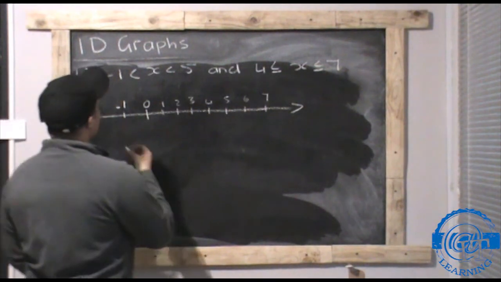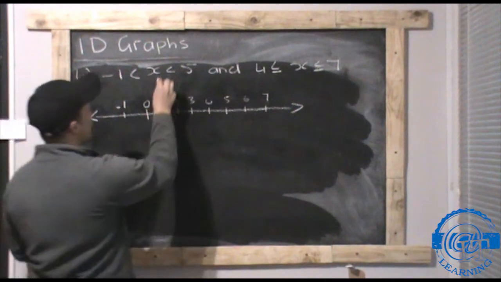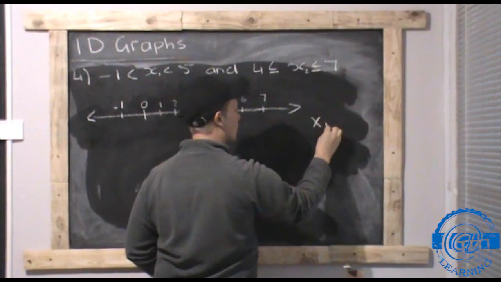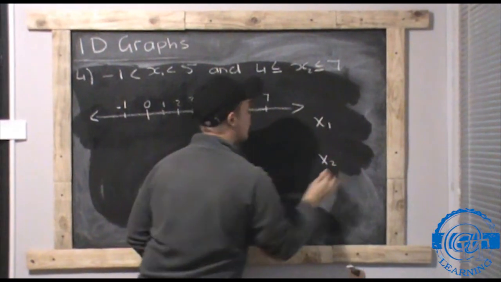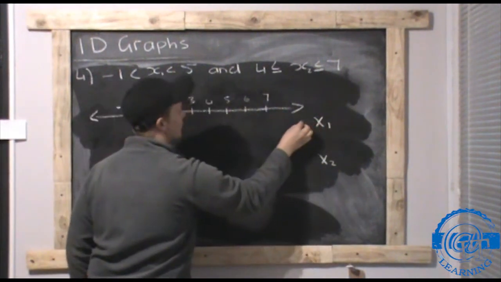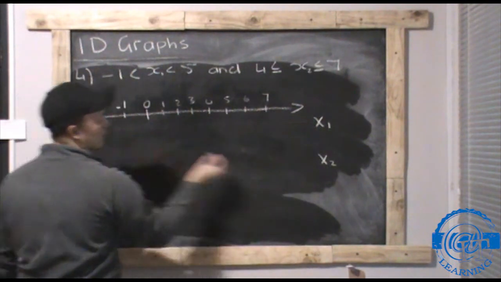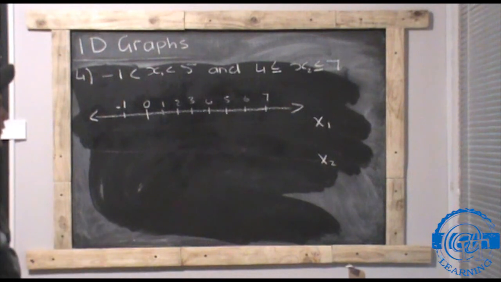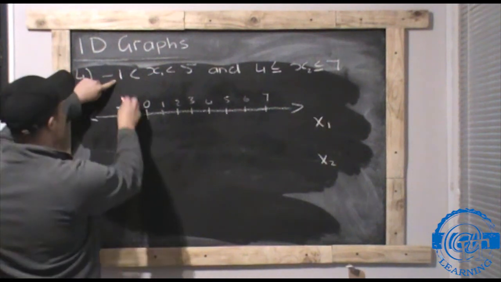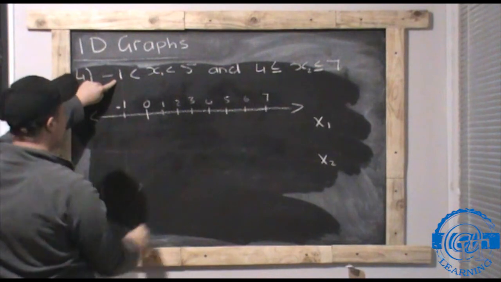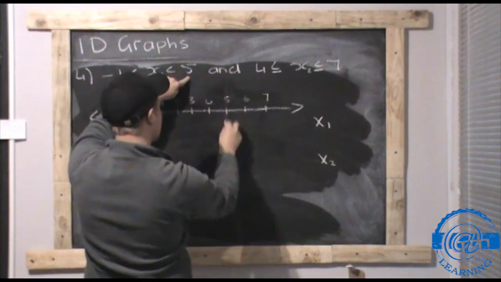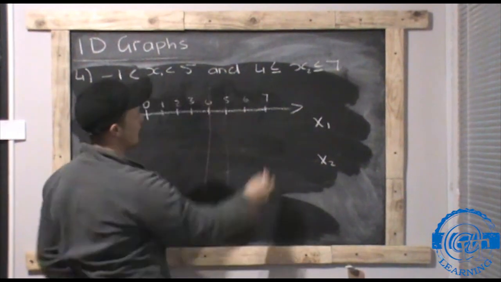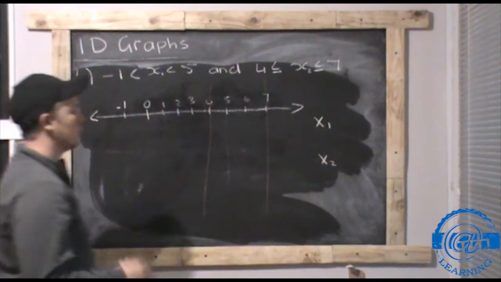Now, we said that we are going to give them distinctive names, so x1 and x2. Let's bring the variables over first. Now we brought our variables over. Let's bring the numbers down: 5, 4, and 7.